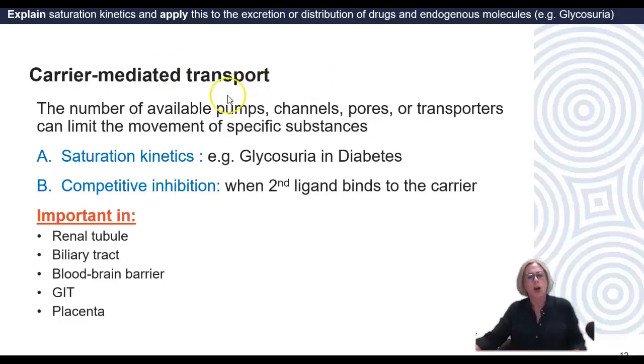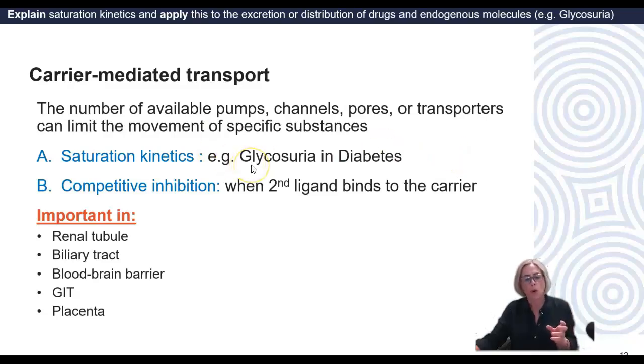And we talked about this kind of before in physiology, where we introduced glycosuria, which we see in uncontrolled diabetes. Now, glycosuria just describes the presence of glucose in the urine. So there shouldn't really be any glucose in your urine.